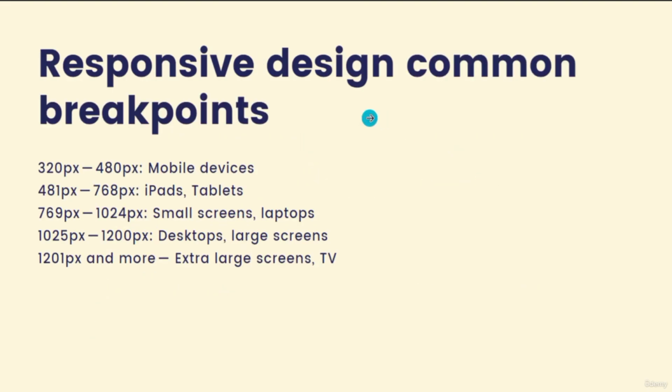We have common breakpoints that are used in responsive design. For example, for mobile devices, we have 320 pixels to 480, iPads and tablets in this range. So you can use AND, or you can simply use one here as basic. You can use this for small screens, laptops, desktops, and extra large screen TVs.